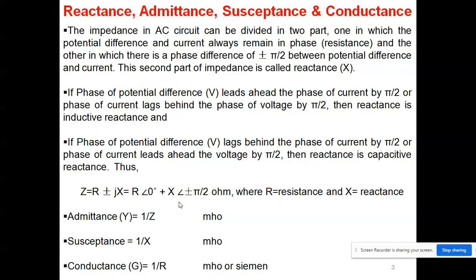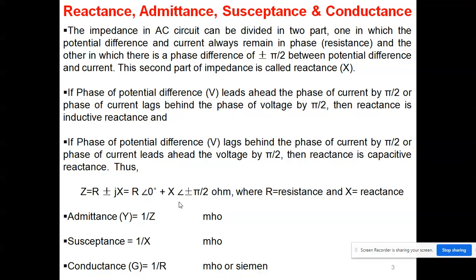It depends. If you want to see it in terms of the voltage, then if the phase of the potential difference leads ahead of the phase of current by pi by 2, it will be inductive. Or if the phase of potential difference lags behind the phase of current by pi by 2, then it will be capacitive.